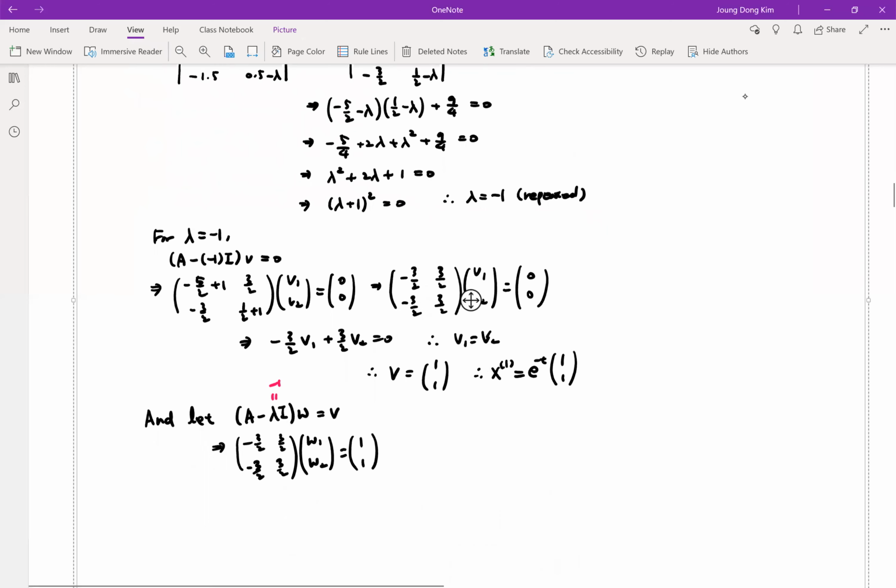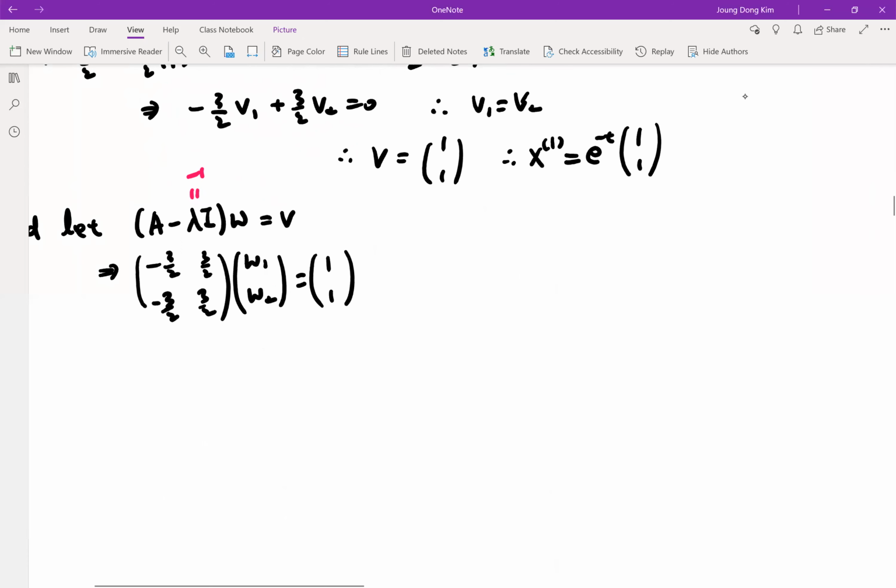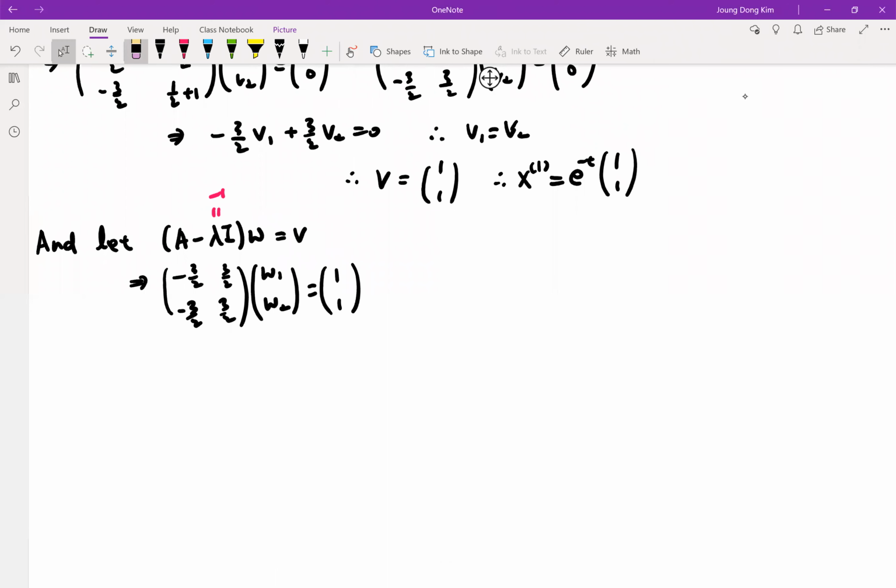Here we go. So this calculation is really simple. Minus 3 over 2 w1 plus 3 over 2 w2 must be equal to 1, right?